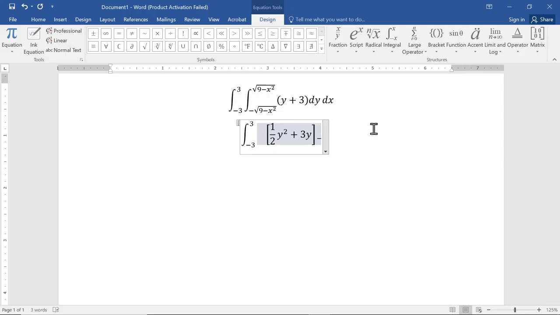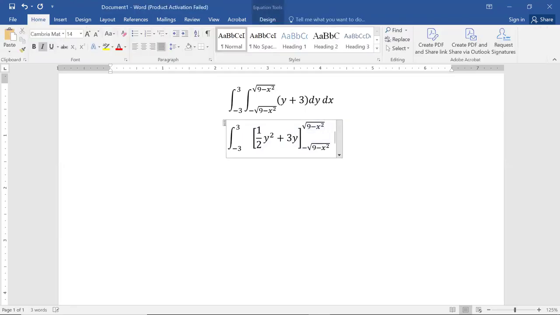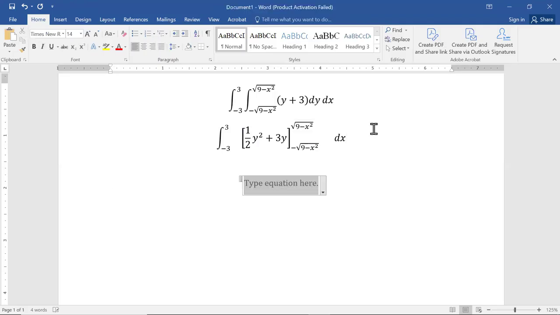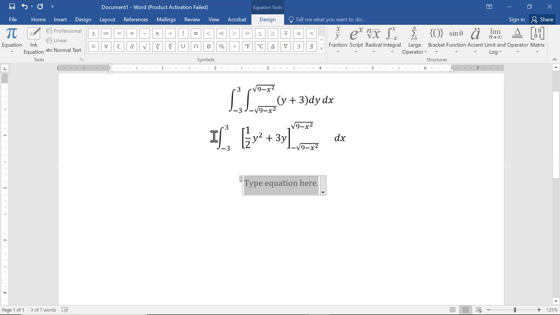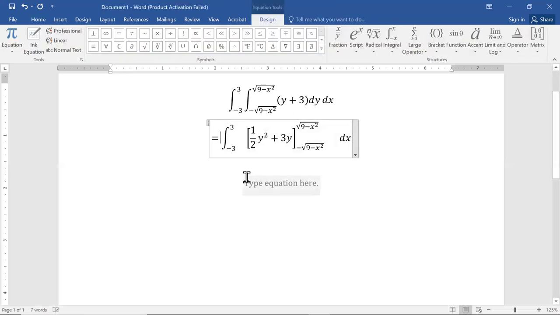Plugging in my bottom bound of negative square root of 9 minus x squared, and then plugging in my upper bound of a positive square root of 9 minus x squared. Once I've done that, then I'll integrate with respect to x. I guess I should put an equal sign up front here, but that's okay.